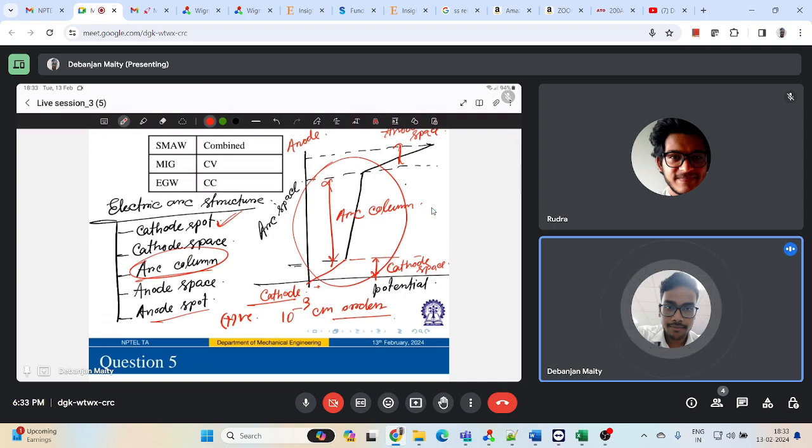So this is how, if we try to figure out what will be the potential drop across an arc, it will be like this. So the voltage drop shown over here is for a given spacing, current and electrode materials.